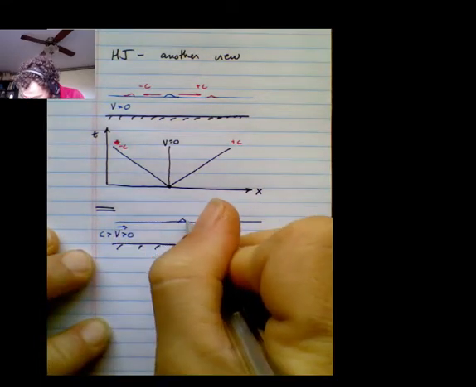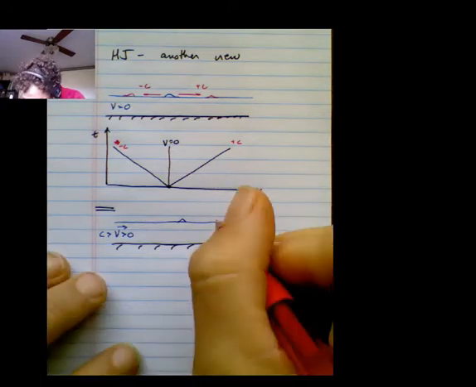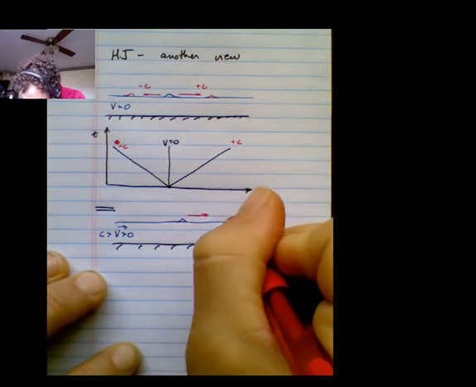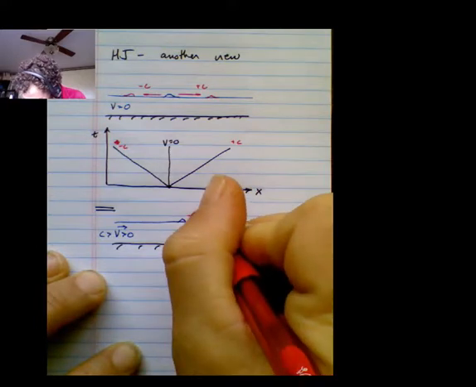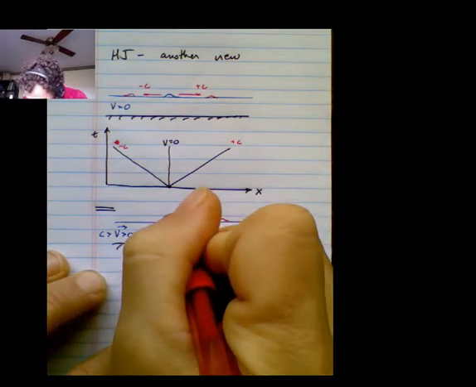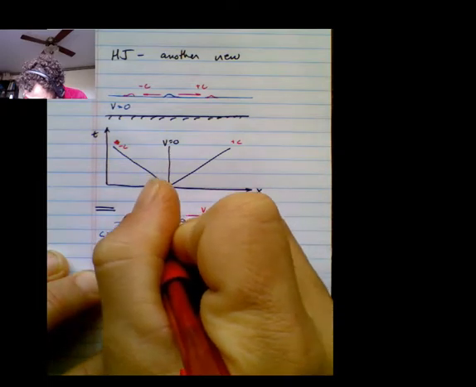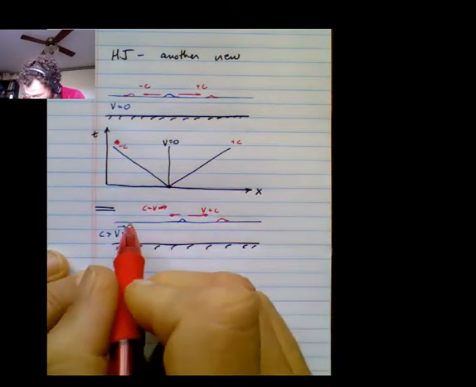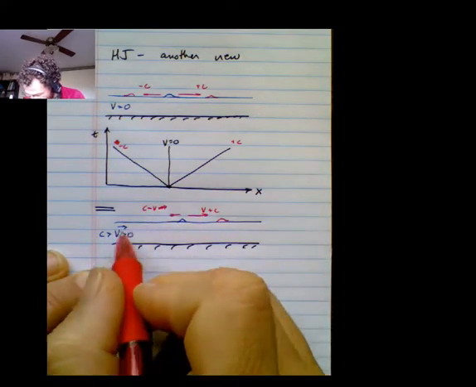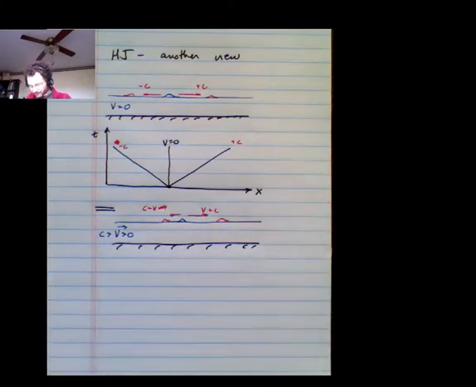We put our blip in, and after some time it moves to the right at speed v plus c, because there's flow in that direction and there's a wave moving in that direction. And it moves to the left at speed c minus v, because it's trying to go at speed c, but it's going against the stream, and so it moves more slowly that way.